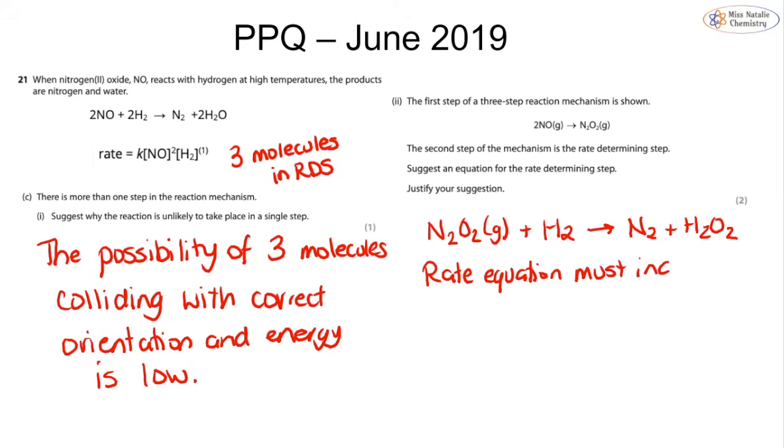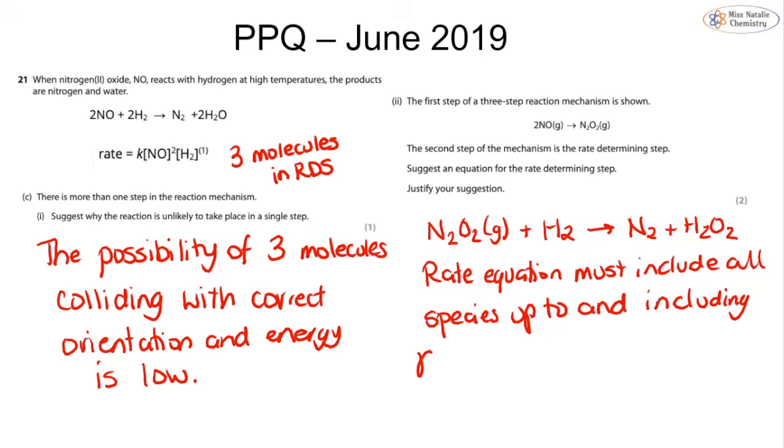And the reason why is the rate equation must include all the species up to and including the rate determining step. In this case, we've already reacted the 2 molecules of NO to make the N2O2. For the second step to be the rate determining step, it has to react with what's left over.